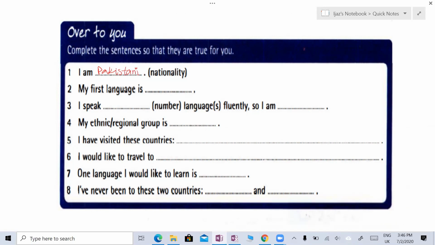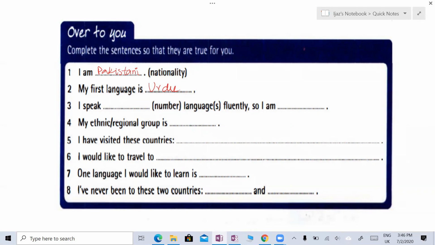Yes, I have written Pakistani. My first language is, now here you write your first language. Whatever your first language is, you write it down. It's Urdu. Someone says Pashto. Wow. Anis says his first language is Pashto. Okay. That is a regional language of that province.